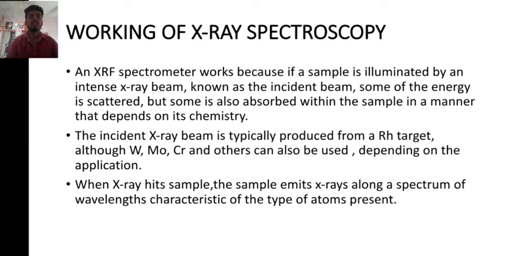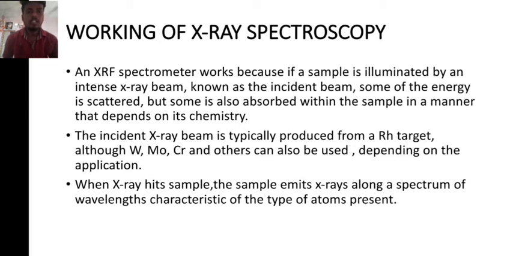Working of X-ray spectroscopy. An X-ray spectrometer works because if a sample is illuminated by an intense X-ray beam known as the incident beam, some of the energy is scattered, but some is also absorbed within the sample in a manner that depends on its chemistry.